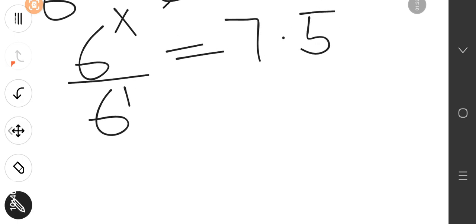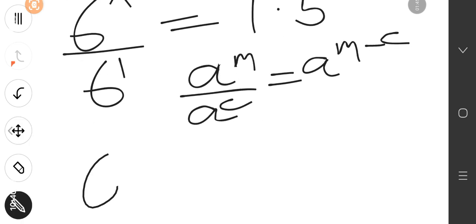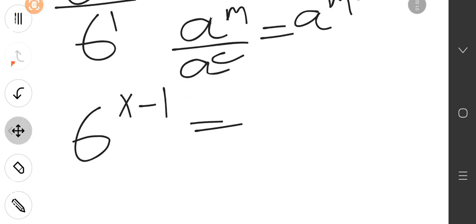All right, so let's apply the quotient rule. Now, a^m over a^c equals a^(m - c). So our equation becomes 6^(x - 1) = 7 times 5.